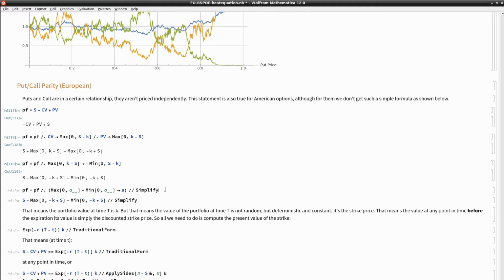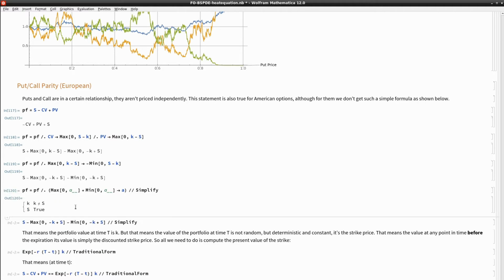And with that, we are now able to rewrite this formula and replace the max of 0 and something and the minimum of 0 and something with that value itself, right? The max of 0 and A plus the minimum of 0 and A is A itself. That's just simple math.